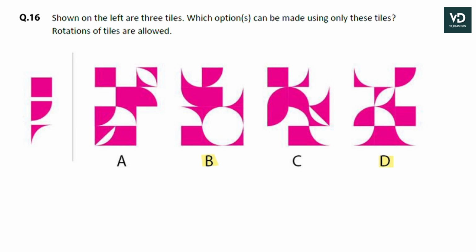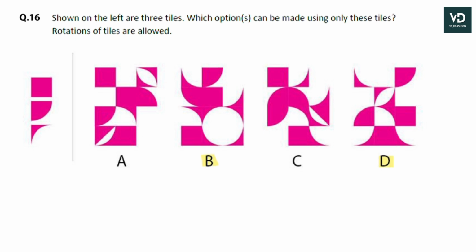16th question. Shown on the left are 3 tiles. Which option can be made using these tiles? Rotation of a tile is allowed. Okay, in this type of question, they ask for the rotation of tiles. So let us select.